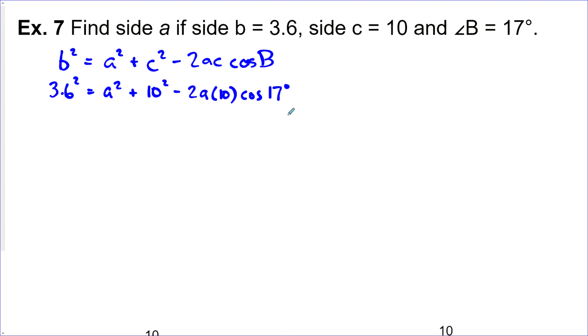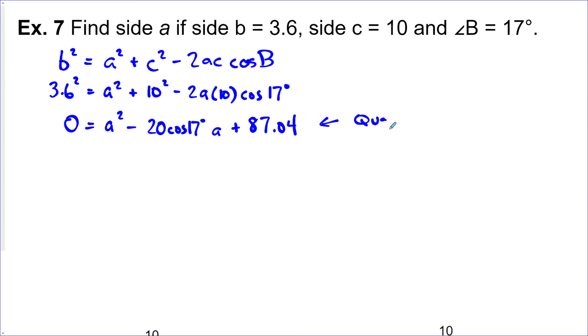Now I'm going to rearrange everything here because this looks like a quadratic with a as our variable. Here we have an a squared term, and here we have an a term. So I'm just going to write it a bit different. 20 cos 17, and this will be a, and then all my constants. So 100 minus 3.6 squared would be 87.04. And now we've created this crazy quadratic with a trig in it.